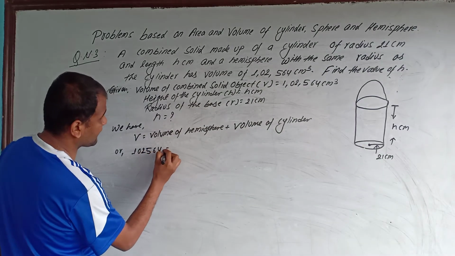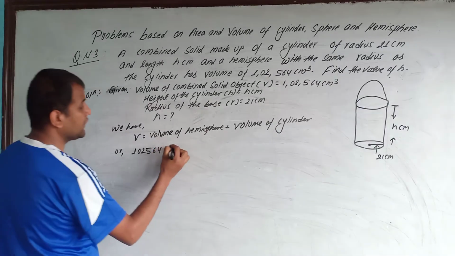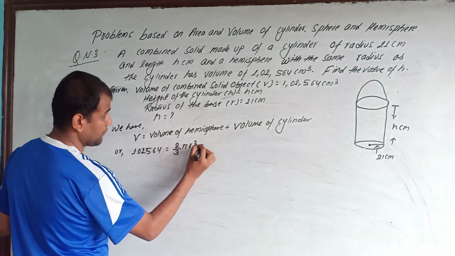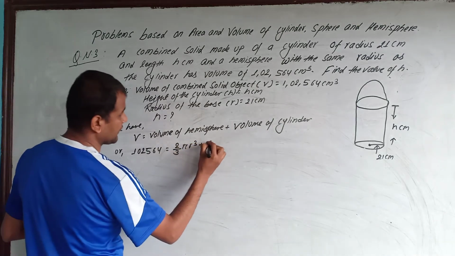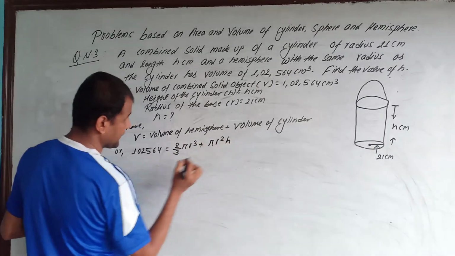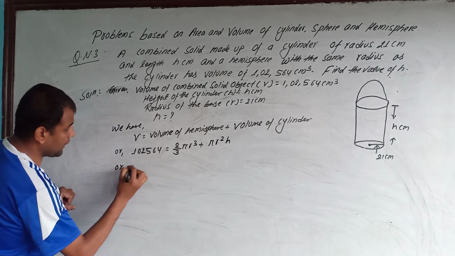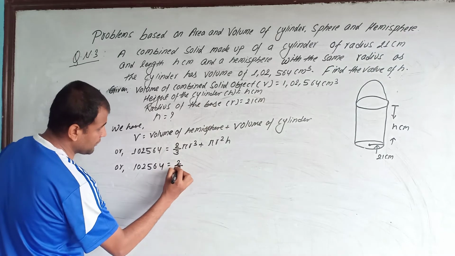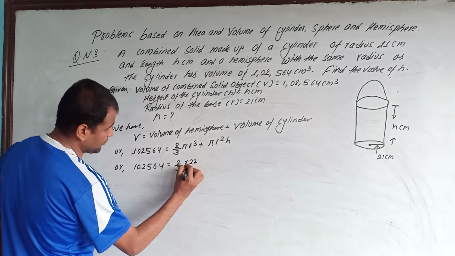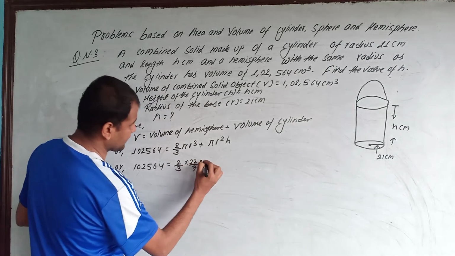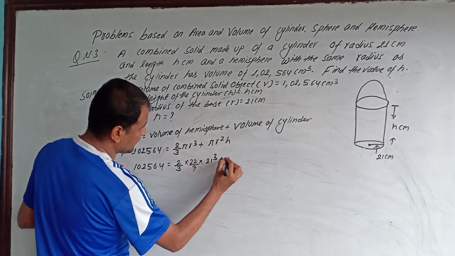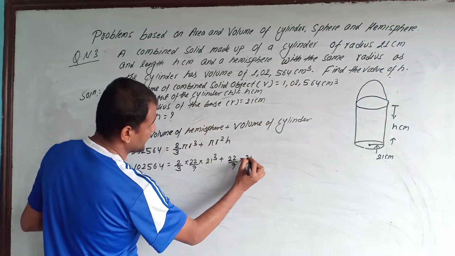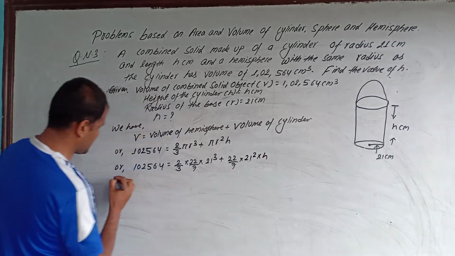or total volume is 102564, is equal to volume of hemisphere, that means 2 by 3 pi r cube, plus volume of cylinder, pi r square h. Or 102564 is equal to 2 by 3 into 22 by 7 into radius 21 to the cube, plus 22 by 7 into 21 to the square into h.